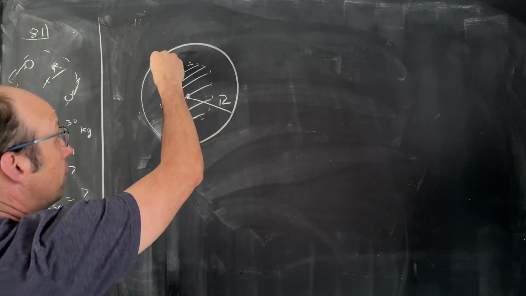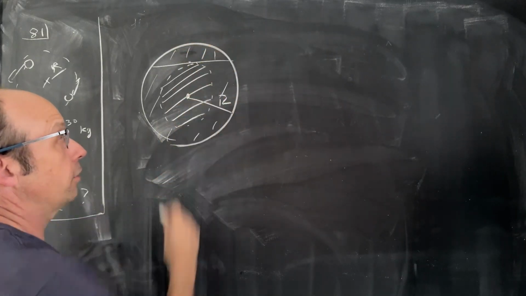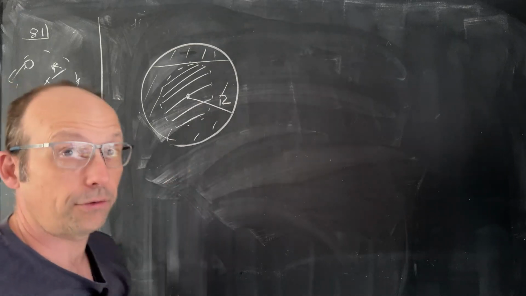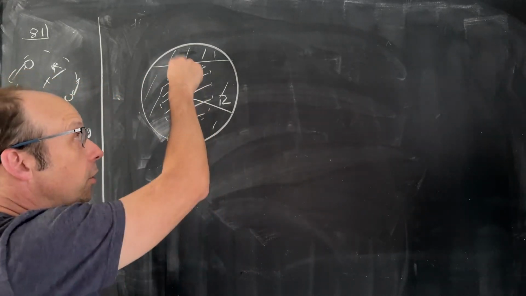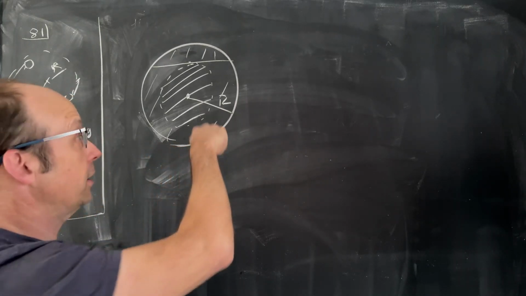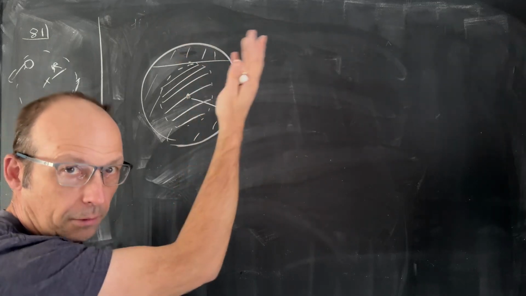But if I look at right here, there's more of this stuff farther away than there is closer. But the end result is all the gravitational field from that stuff cancels. So we don't have to worry about it. We only worry about the inside. So you don't have an increasing gravitational field toward the center where, if we did 1 over r squared, as r goes to 0, it goes to infinity, that'd be bad.